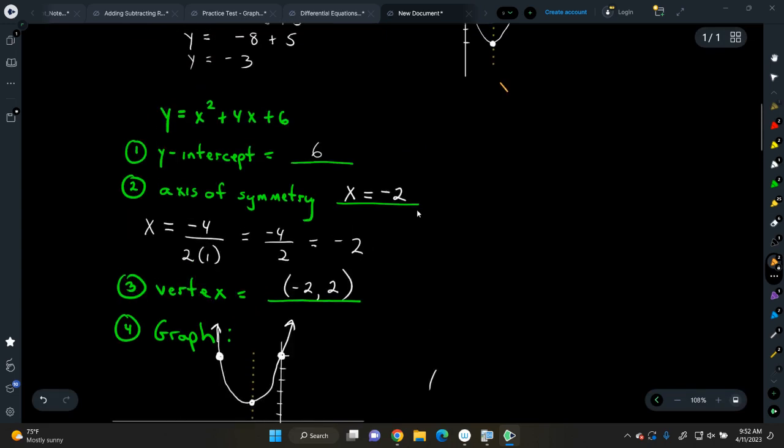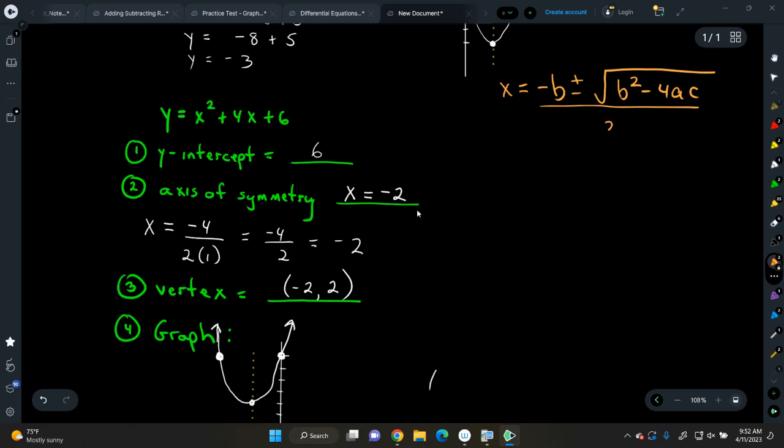So let's look at it. I'm going to write it down. x is equal to negative b plus or minus the square root of b squared minus 4ac all over 2a. Okay, so x equals, what does b equal here? 4.